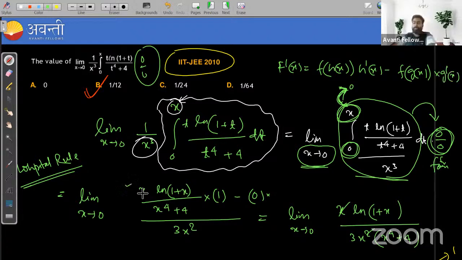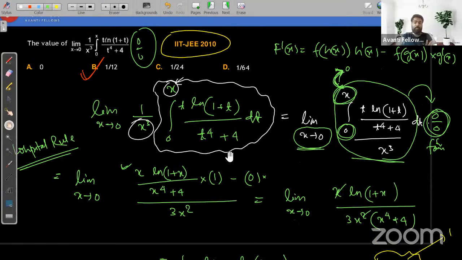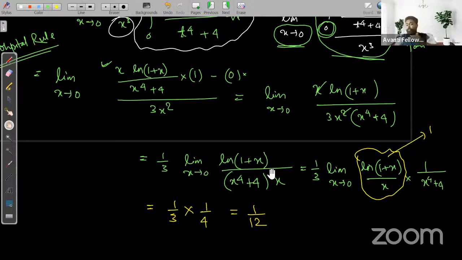The same thing we did, nothing else. Then we simplified this integral. Using the standard result, we know limit of ln of 1 plus x by x as x tends to 0 gives you 1. And when we put the limit in 1 upon x square, x to the power 4 plus 4, we get 1 by 4. So 1 by 3 into 1 by 4 is 1 by 12.